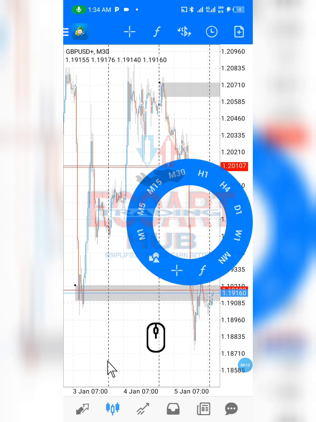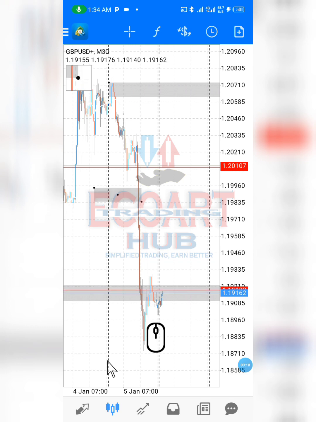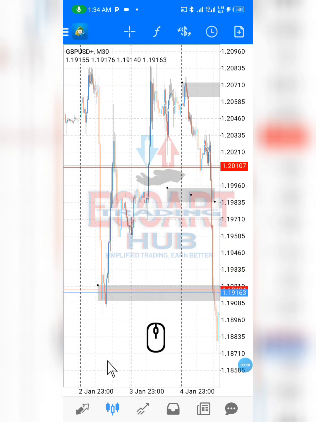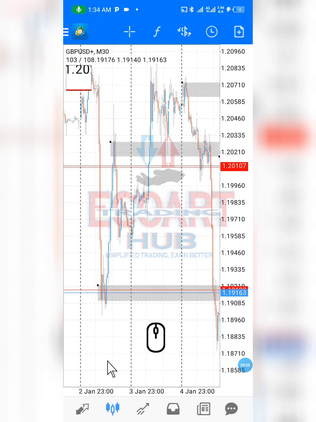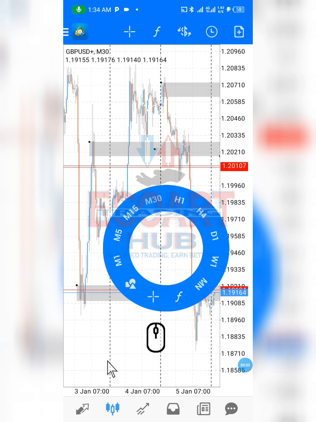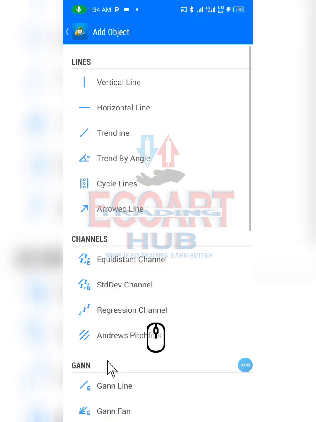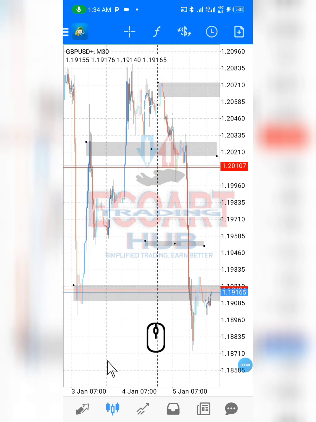Then I'll also, with this, we are going to mark out our lower lows and higher highs in the market. I'm going to highlight this region, and I'll do the same to this previous swing low.